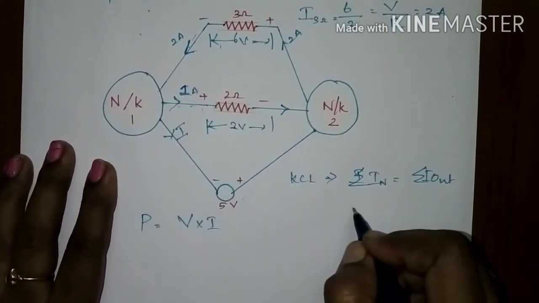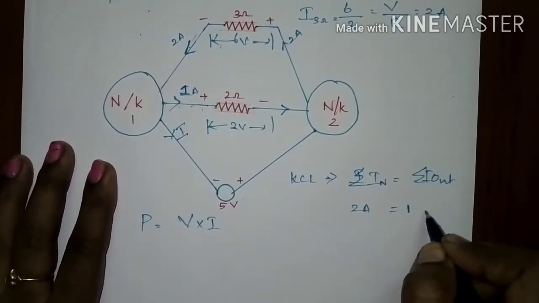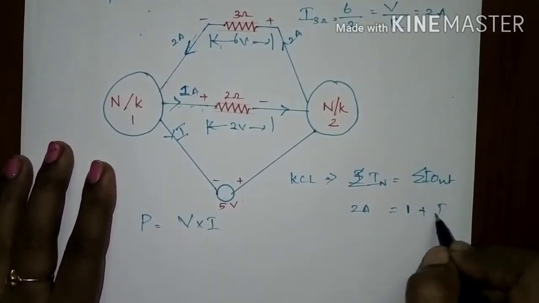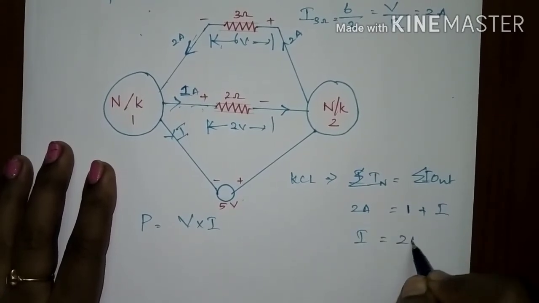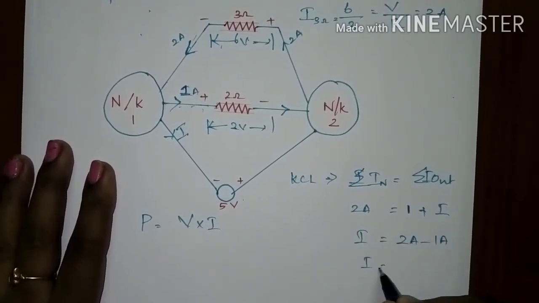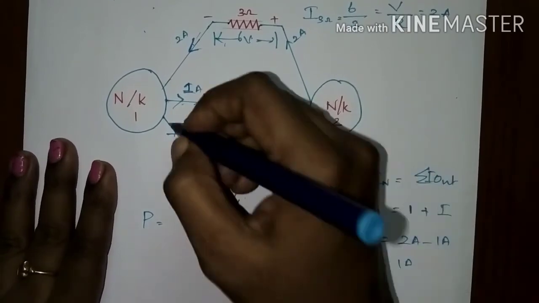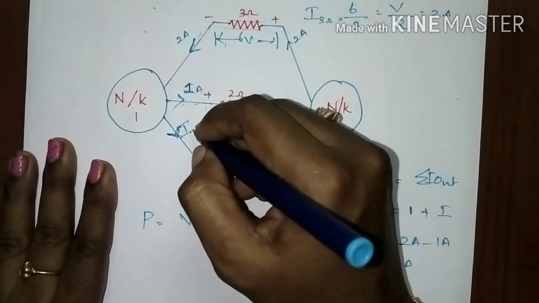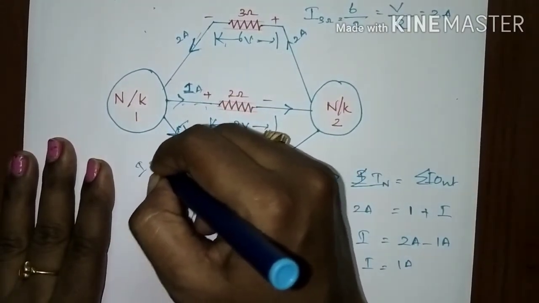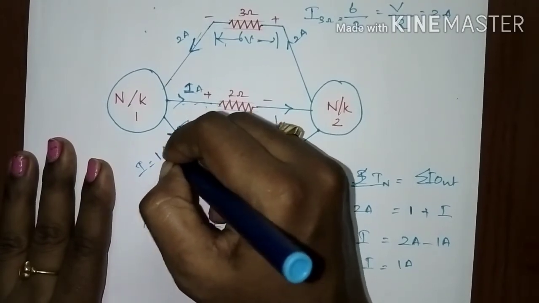The incoming current is 2 ampere and the outgoing current is 1. So, we need the value of the other current I. So, I would be equal to 2 ampere minus 1 ampere. I is equal to 1 ampere, that has to be outgoing. So, the current I flowing through this branch is 1 ampere.